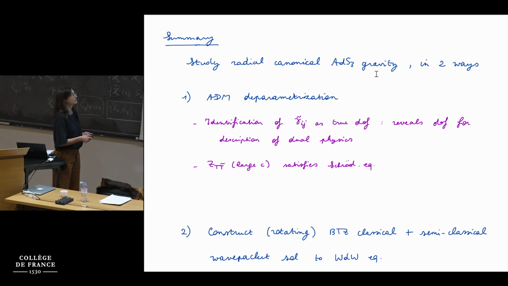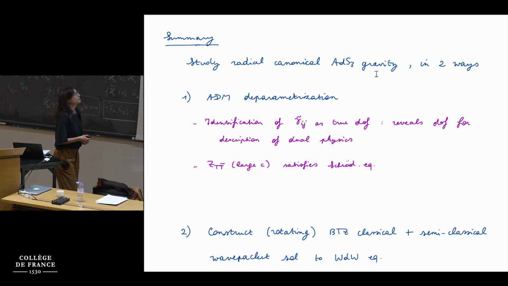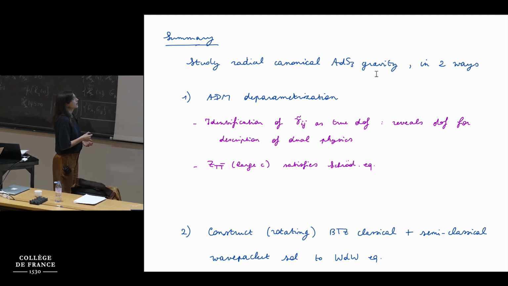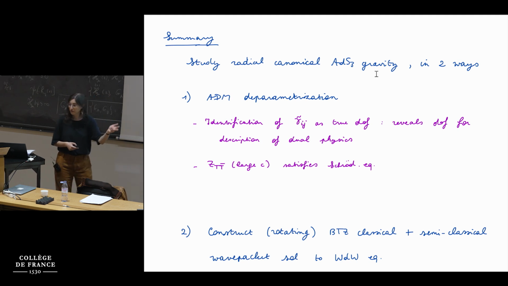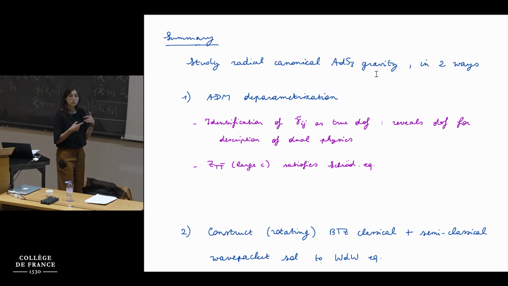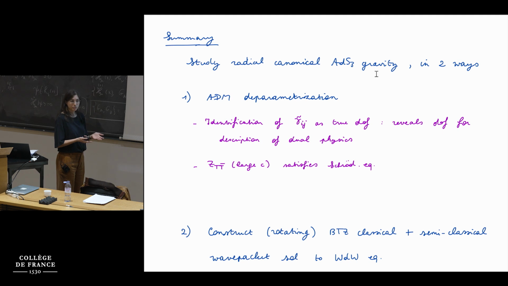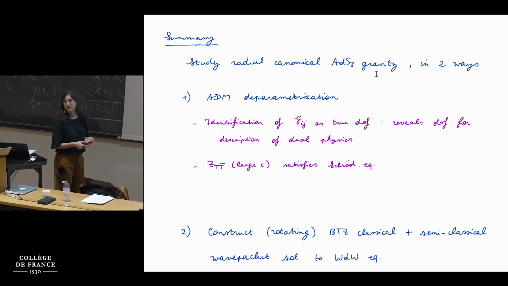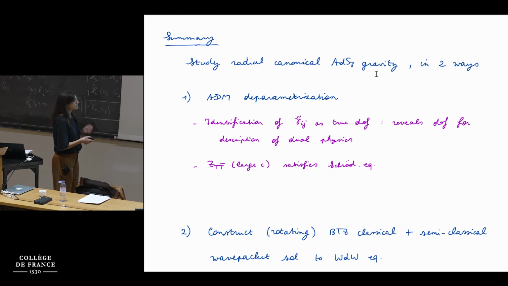So we discussed the holographic interpretation here. And secondly, we discussed that there's an interpretation of the radial Wheeler-DeWitt equation as a volume times Schrodinger equation, so the dual statement would be that the TTbar partition function for large C satisfies that volume times Schrodinger equation. So these would be the results of that section.